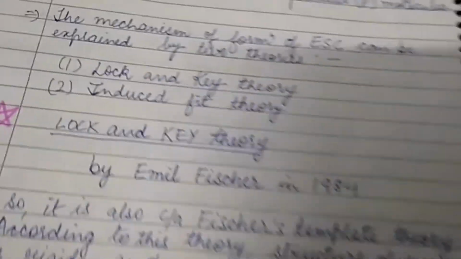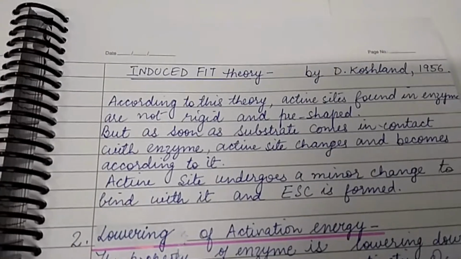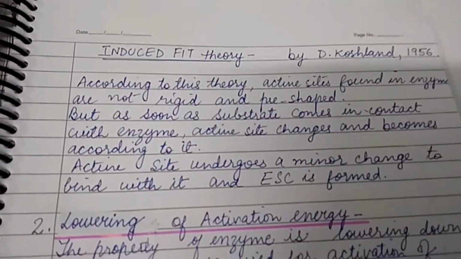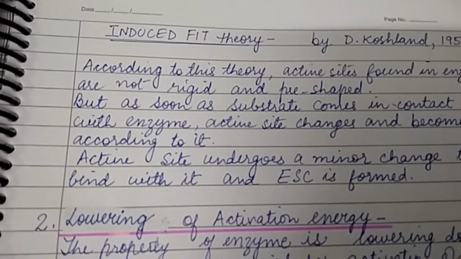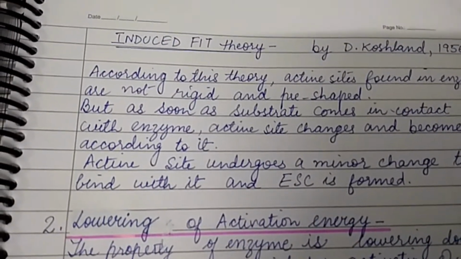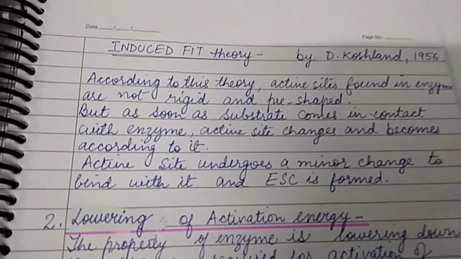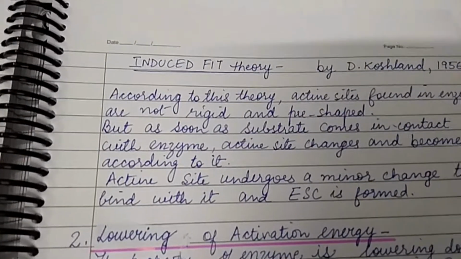So now, next is induced fit theory. This theory was postulated by D. Koshland in 1956. According to this theory, the active site is not rigid and not pre-shaped, as in lock and key theory it was rigid and pre-shaped.